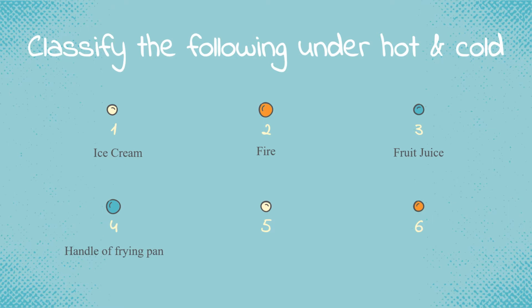The handle of a frying pan, hot or cold? The spoon in a teacup, hot or cold? And lastly, snow. So look at these 6 things and think about what you think they're going to fall under, either hot or cold. And then we're going to quickly discuss it in the next slide.